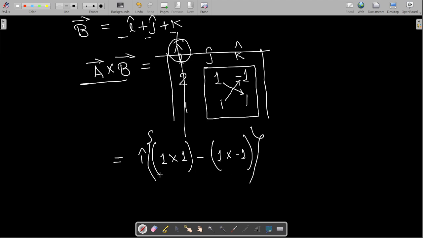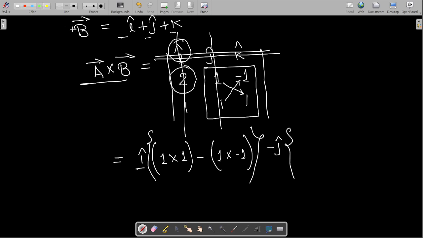Okay, and after i cap, when you put the j cap, it is a method to find the determinant, you will have to put a negative sign here, j cap, then do the same operation here, remove the j column and this row. What will be left?